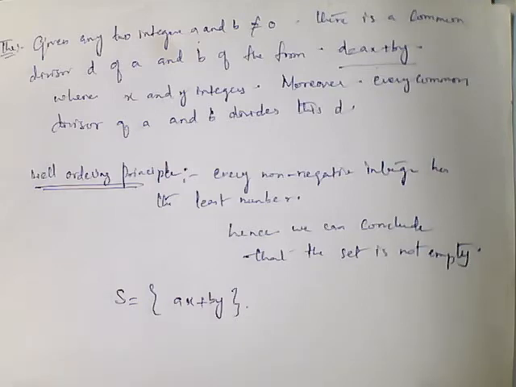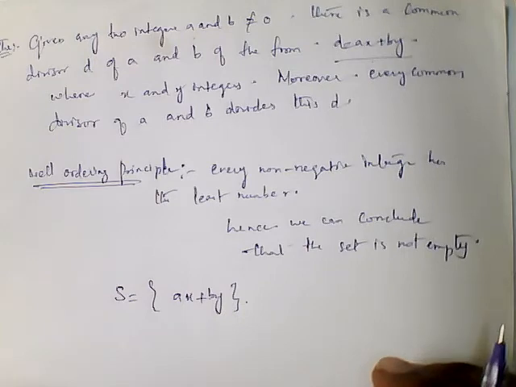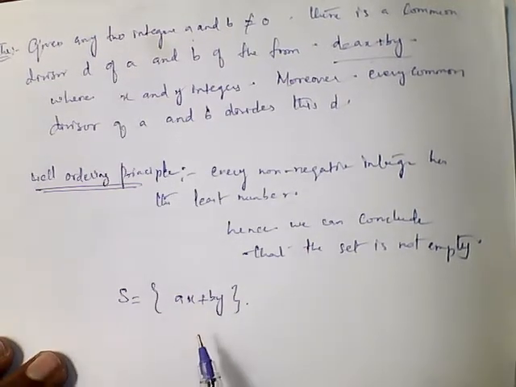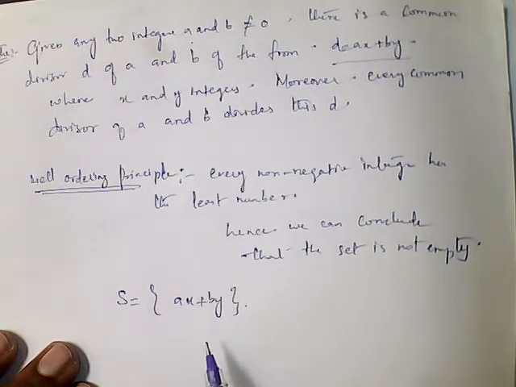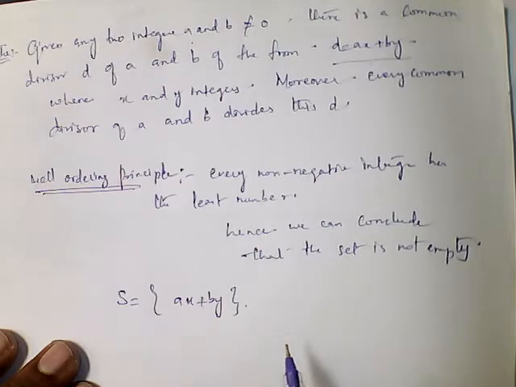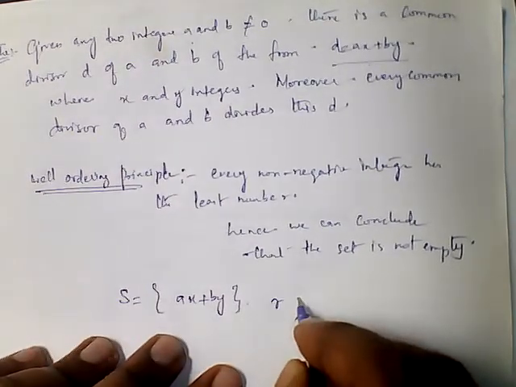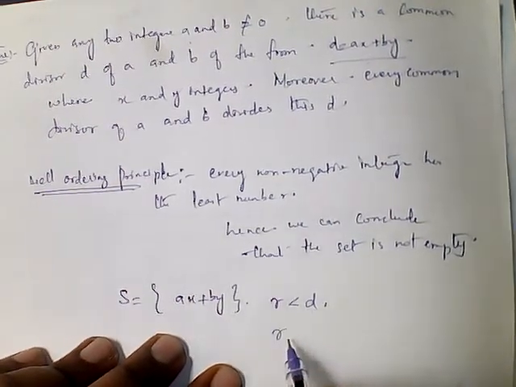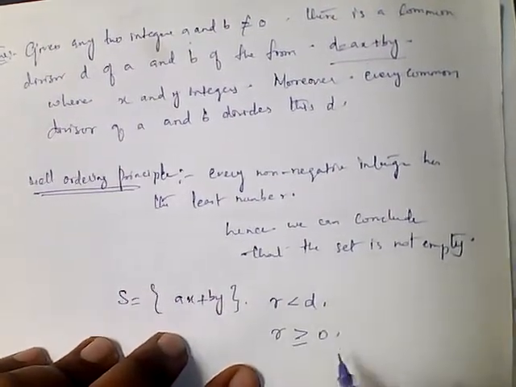So here this is a non-empty set, and this set has a least number. We call that number r, which will be less than d, and r will be greater than or equal to 0.